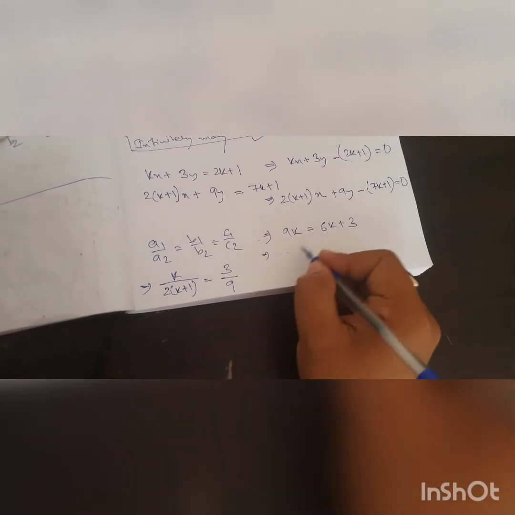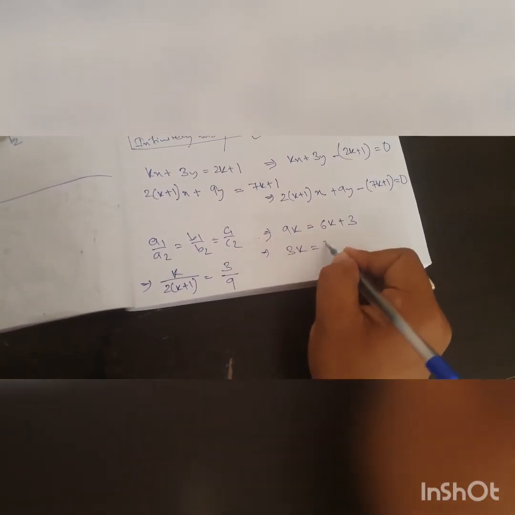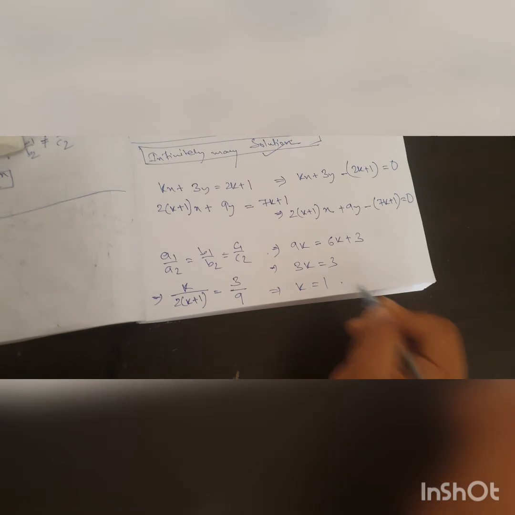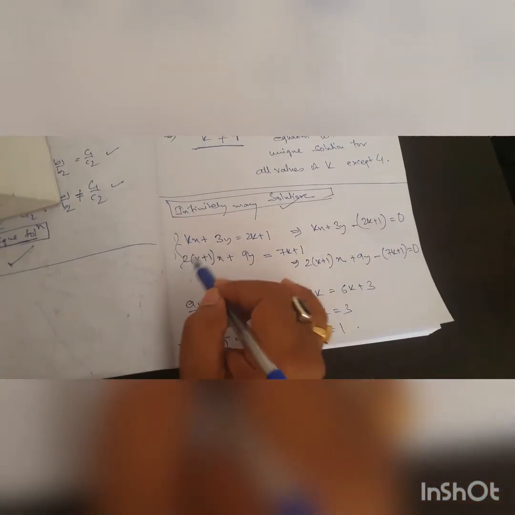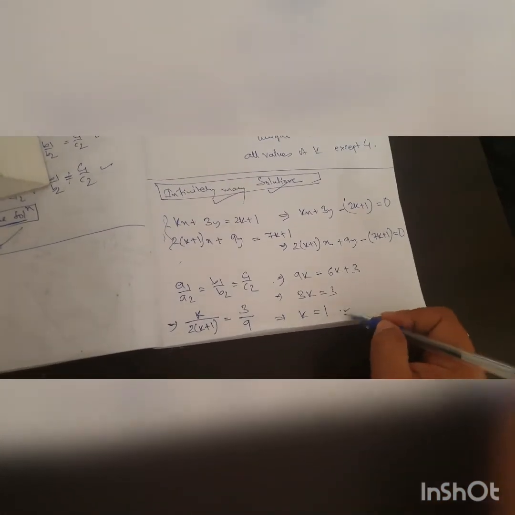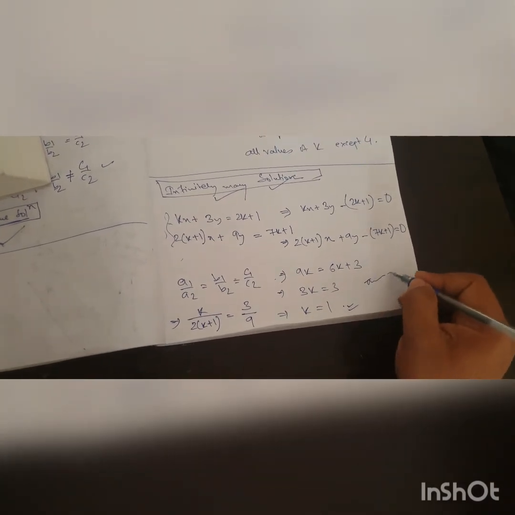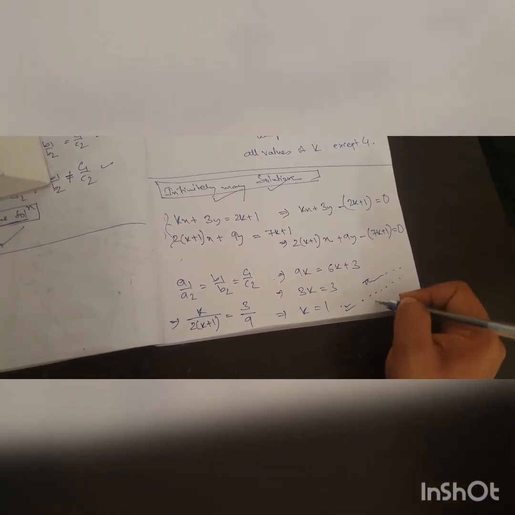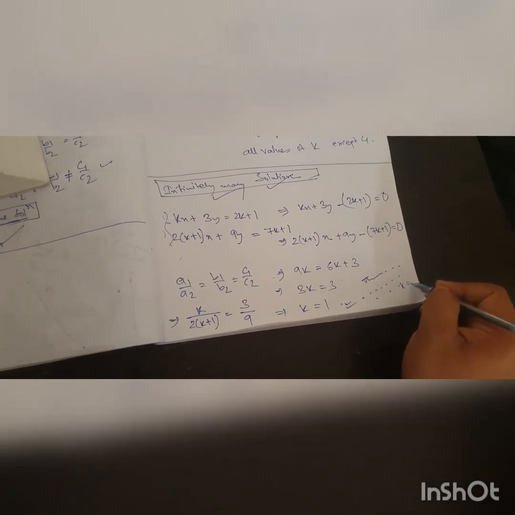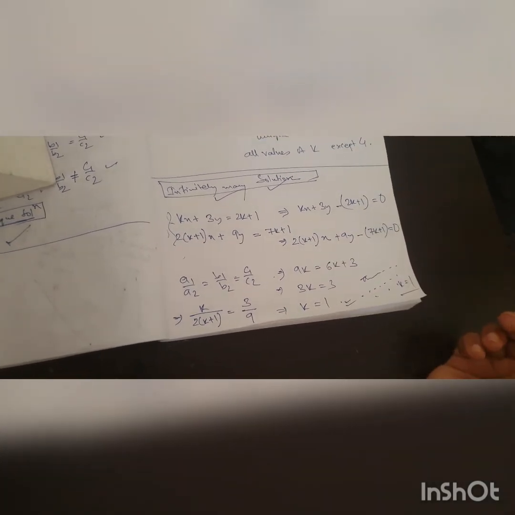So 9k minus 6k is 3k, which is equal to 3. So k is equal to 1. So the system of equations will have infinitely many solutions if k is equal to 1. That sentence you should write down for a perfect answer.